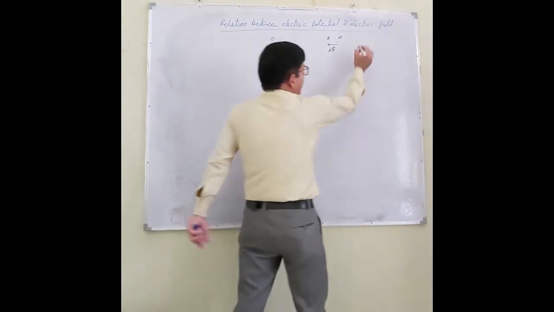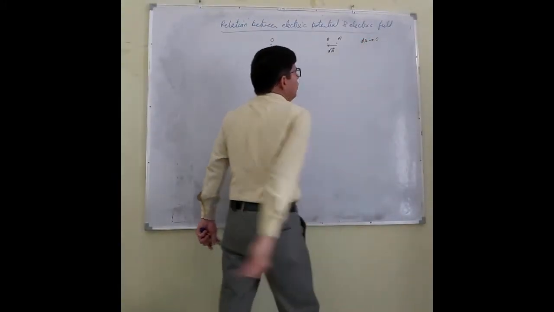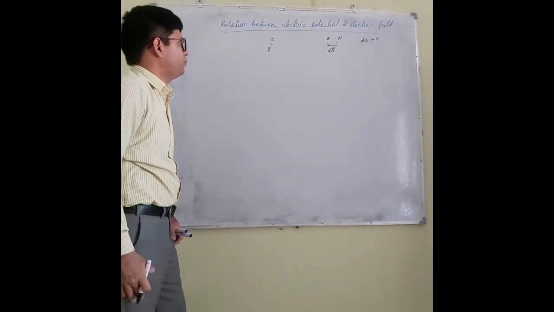And what is dr? dr is very small, such that it approaches 0.